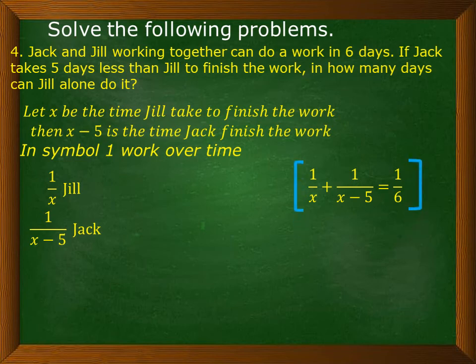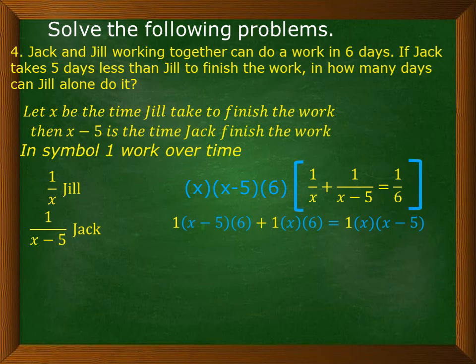So multiply everything by the LCD. You have 3 denominators, that will be your LCD: x times x minus 5 times 6. For the first rational expression, 1 over x, just multiply x minus 5 and 6 to your 1.